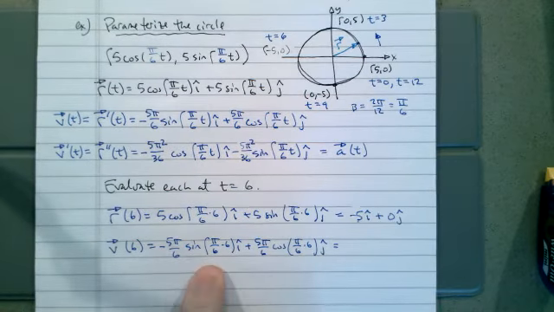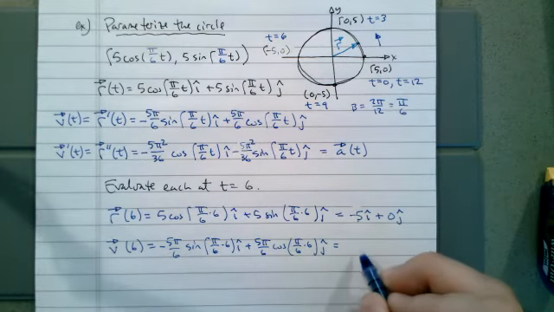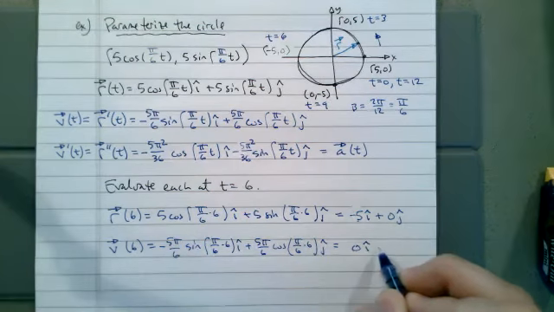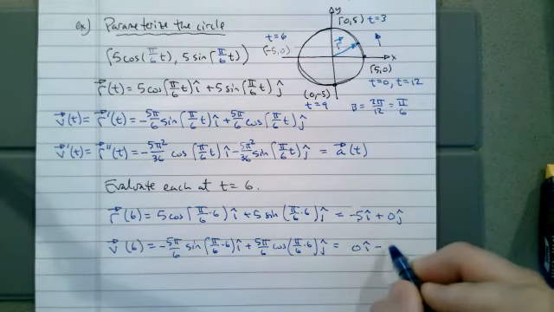So we have sine of pi, which is 0, and cosine of pi, which is negative 1. So we get 0i minus 5 pi over 6j.